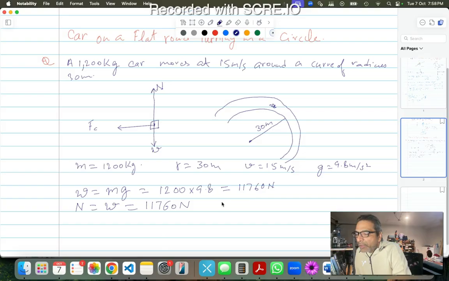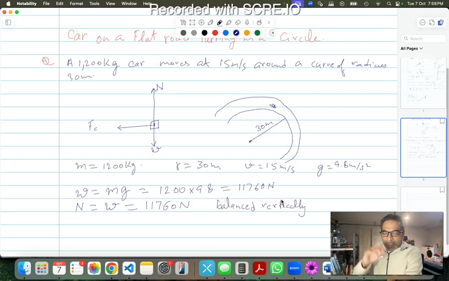Why? We must say balanced vertically, in the vertical motion sense. So vertically they are in equilibrium because there is no such movement.